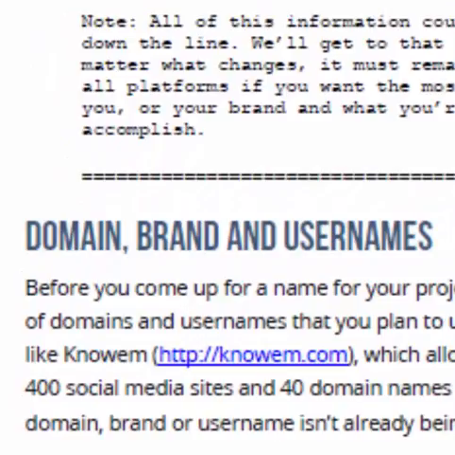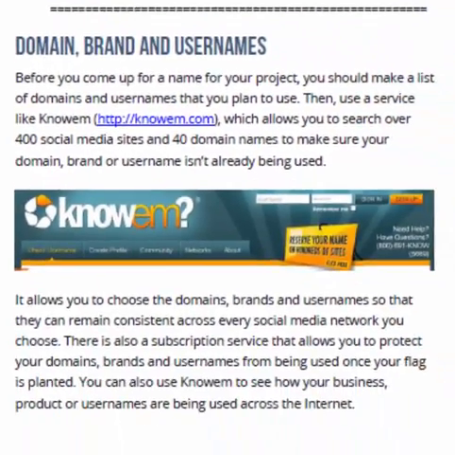Domain, brand, and usernames. Before you come up with a name for your project, you should make a list of domains and usernames that you plan to use. Then use a service like Namechk, which allows you to search over 400 social media sites and 40 domain names to make sure your domain, brand, or username isn't already being used. It allows you to choose the domain, brands, and usernames so that they can remain consistent across every social media network you choose.